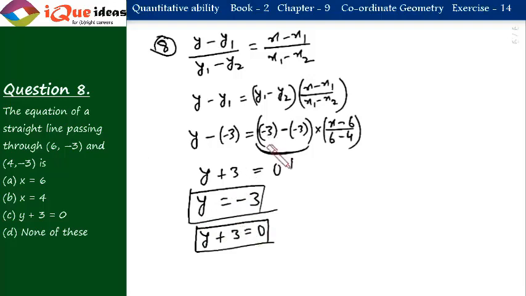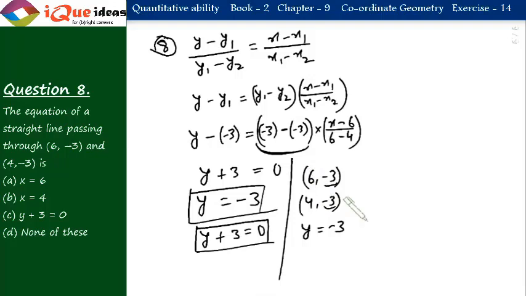Or if you just take a proper look at the points, it is 6 and minus 3 as the first point, 4 and minus 3 as the second point. In both the points, y coordinates are same. So straight away you can say the equation of the line is y equal to minus 3. Whenever there are 2 points given and the equation of the line is asked, and either the x coordinate is same or the y coordinate is same, that becomes the equation of the line.